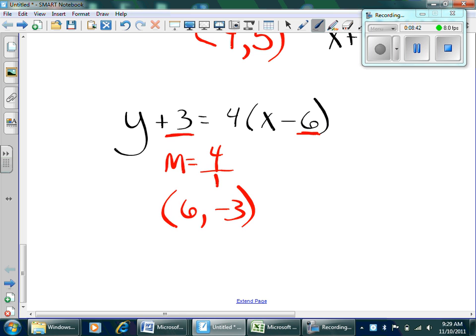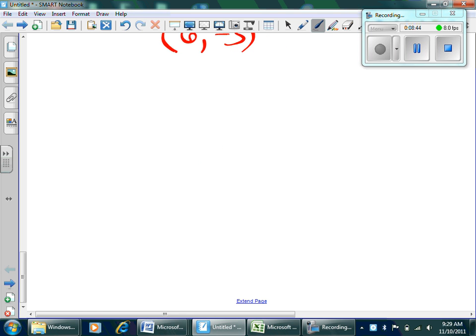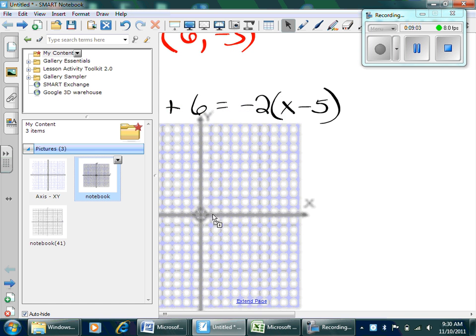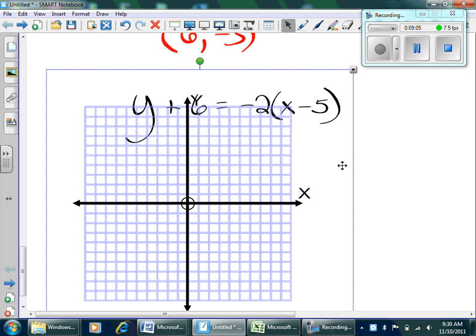All right, so let's try this one. Let's say our equation is y plus 6 equals -2 times the quantity of x minus 5. I'm going to go ahead and get a sheet of graph paper out here. You can pause the video and do that if you haven't done it already.